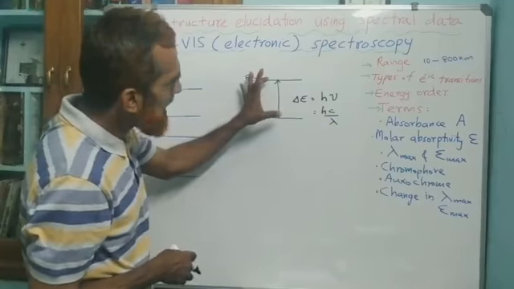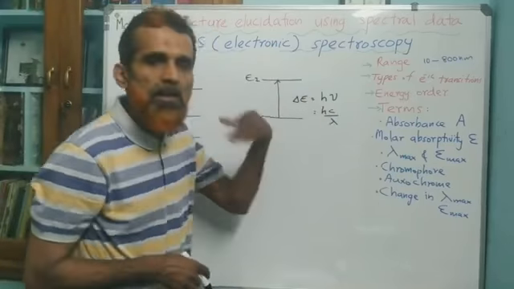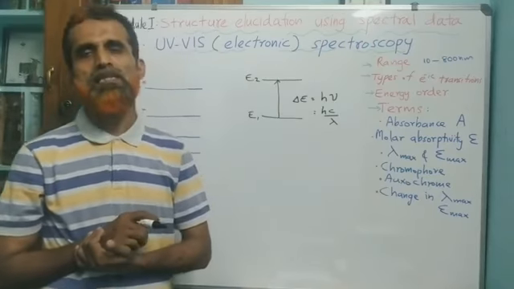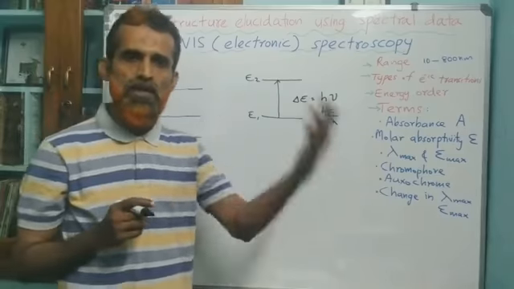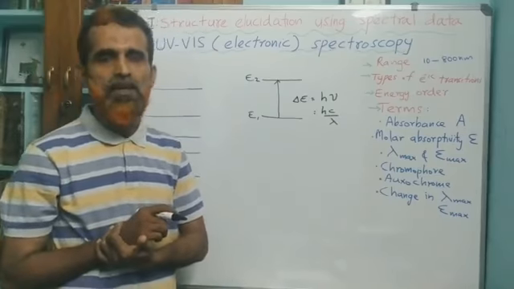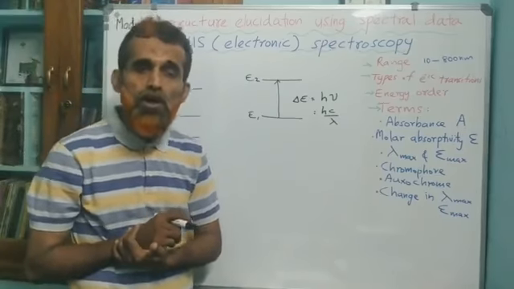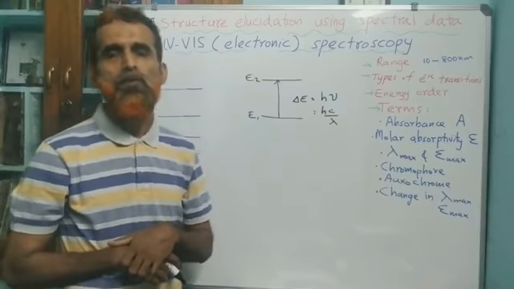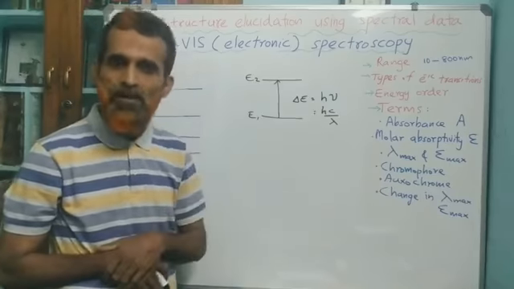Now, based on this energy gap, the wavelength will vary. So, for various types of transitions like electronic, rotational, vibrational, etc., a molecule needs different types of electromagnetic radiations having different wavelength.